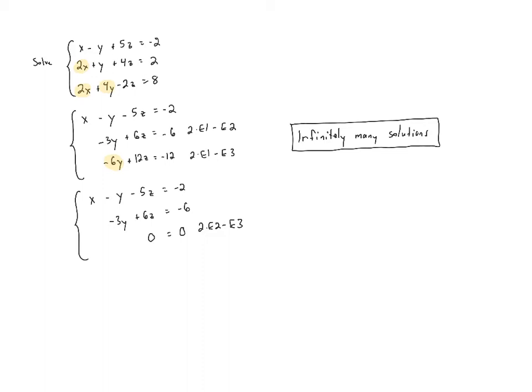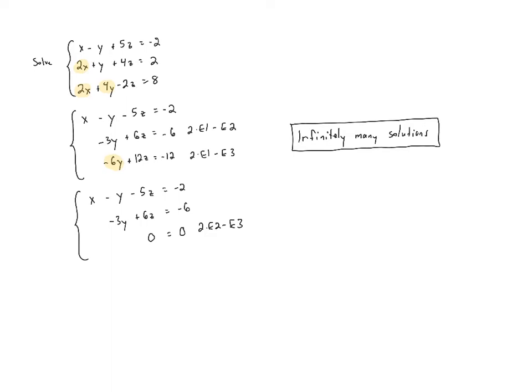And the way that we do this is by solving this second equation for one variable in terms of another. We can solve here for y in terms of z, and then once we've done that, we can also solve for x in terms of z. And if we write all of our variables in terms of z, that actually gives us a way of putting parameters in for what the solutions must look like.